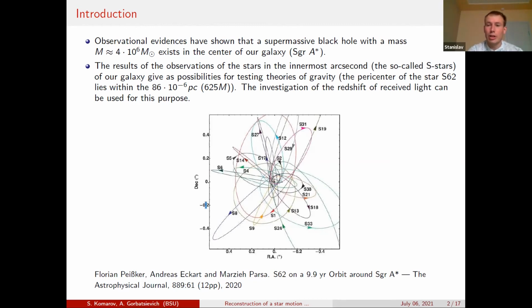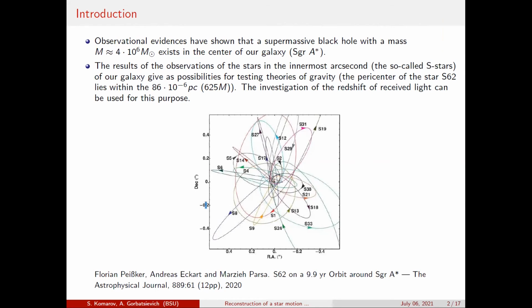And there are stars in this cluster that move on very small orbits around the supermassive black hole. For example, such a star as S62 has a pericenter distance of about 600 masses in geometrical units of the supermassive black hole.